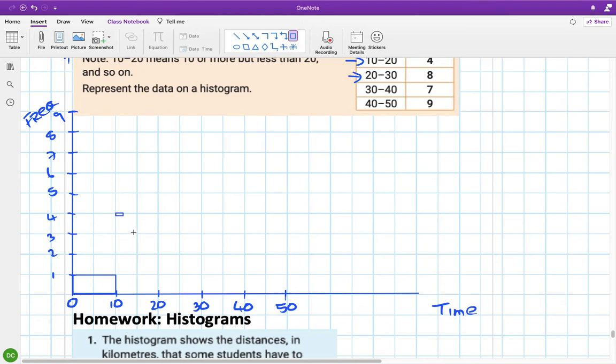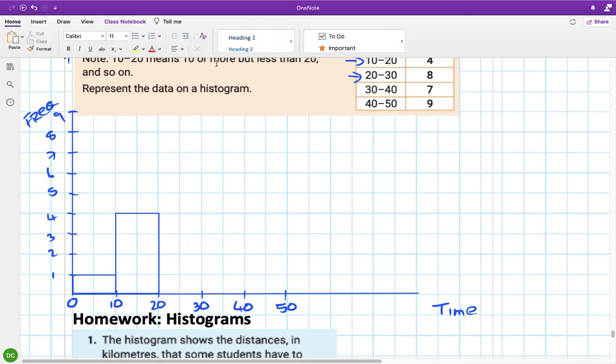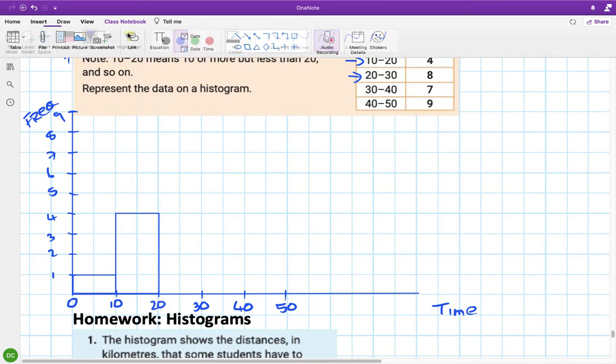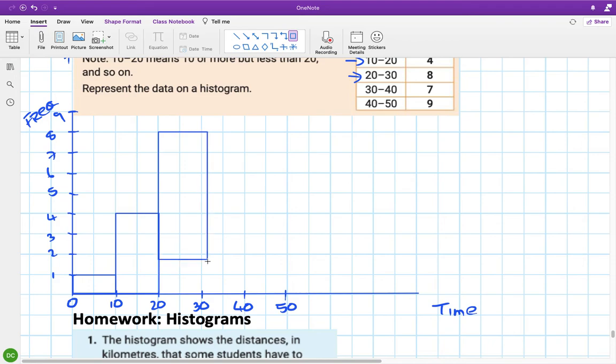Remember the bars have to be the same width, but no gap between them. 8 next, so 8 is here.